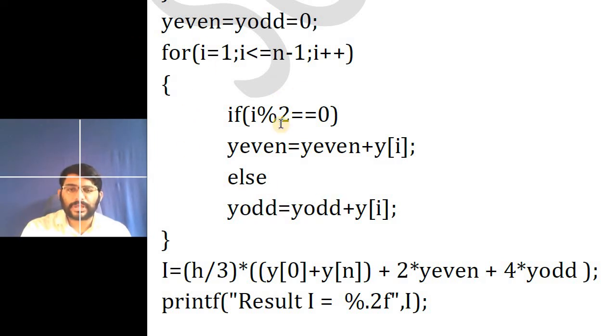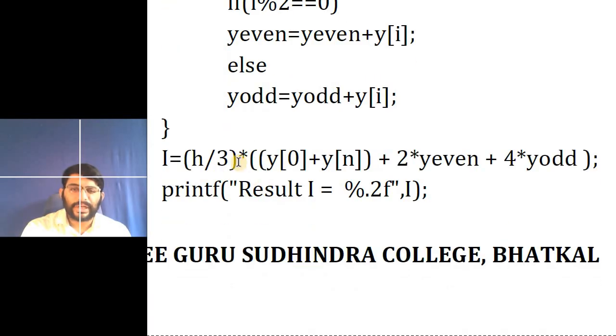So this process will continue from 1 till n minus 1. This loop will execute continuously. For every step it checks whether the given number is even or odd. If it is even, it adds it to even. If it is odd, it adds it to odd. And after that, this particular value is substituted here, and post substitution it calculates, and the result I we are going to display.